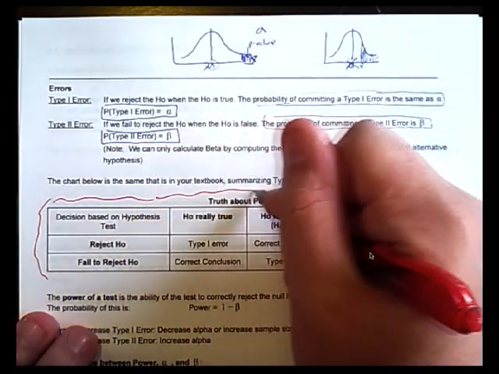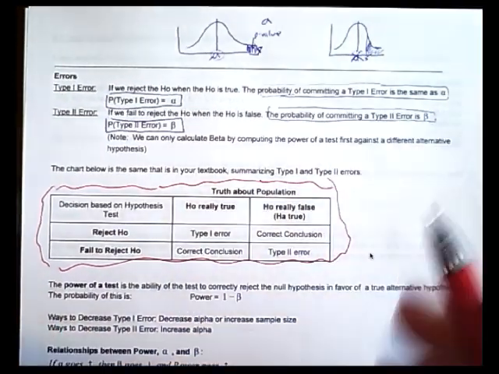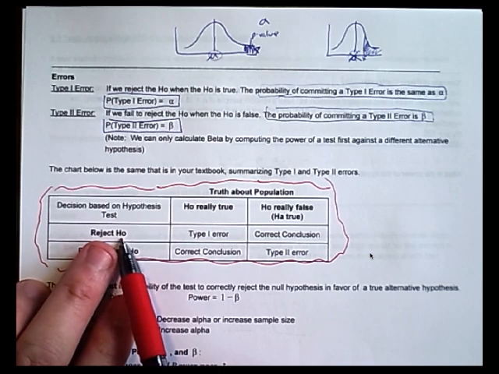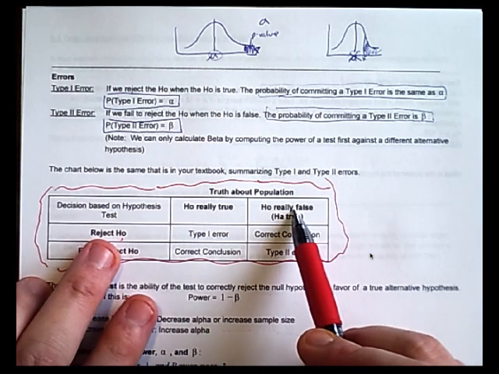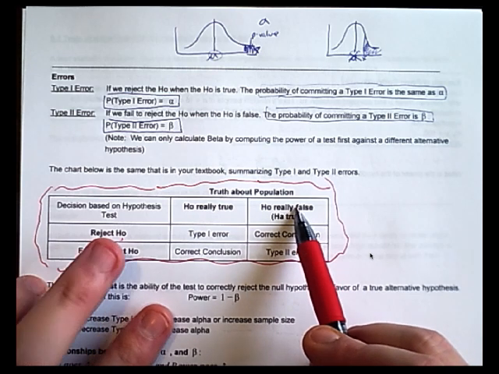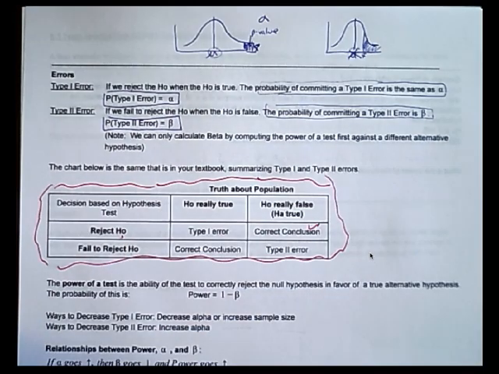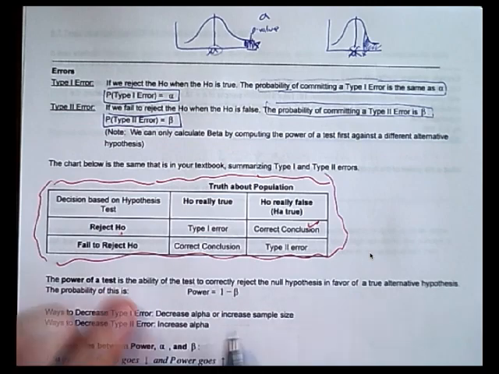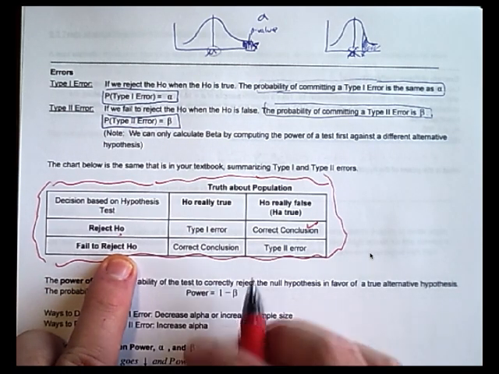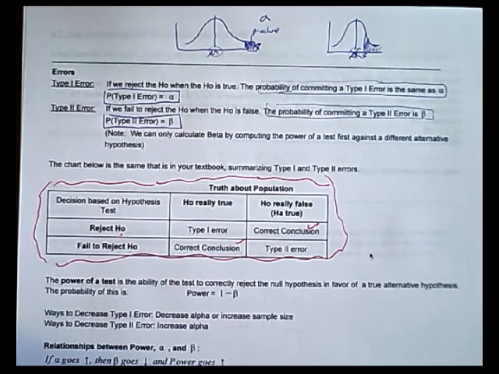So let's just think about what this table is saying. When you reject the null hypothesis, and let's assume that it really is false, so if you reject the H0 when the H0 really is false, you made a correct decision. If you fail to reject it when it really is true, that's a correct decision.